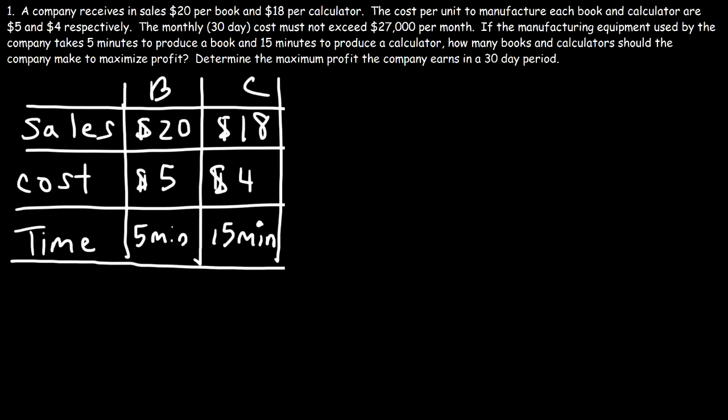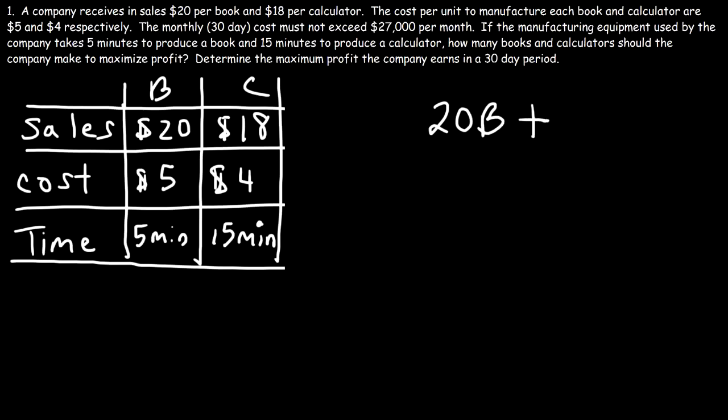Now, what we need to do is write two constraints and one objective function. So let's start with the objective function. We're trying to maximize the profit, and therefore we need to maximize the sales produced by this company. So the company receives $20 per book, and we're going to say B represents the number of books that the company produces. So the sales that come from the books is going to be 20 times the number of books.